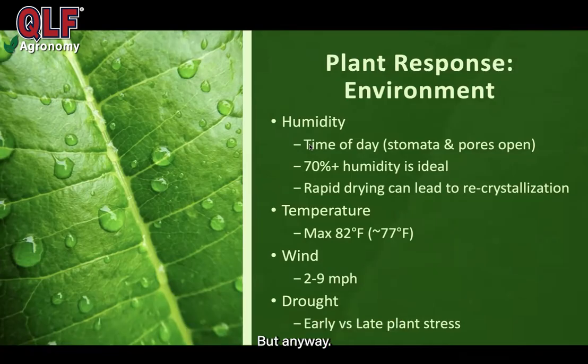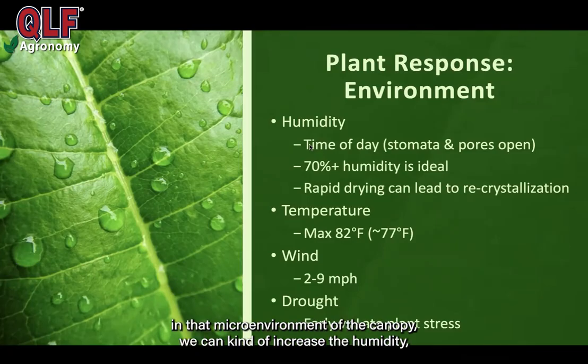But those are my optimum temperatures, a max of around 77 I think is a bit better. That said, when you add those humectants, that's where the molasses can help. It's going to pull a bit of extra moisture out of the air and increase the micro humidity in that micro environment of the canopy.